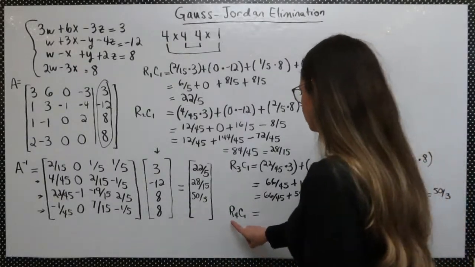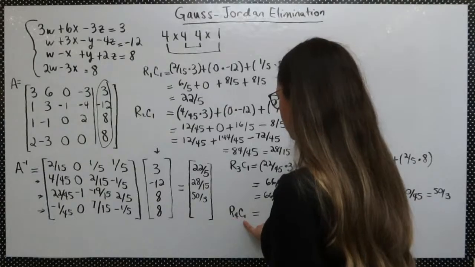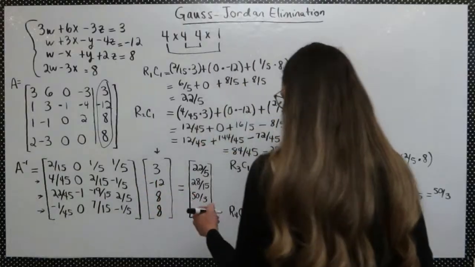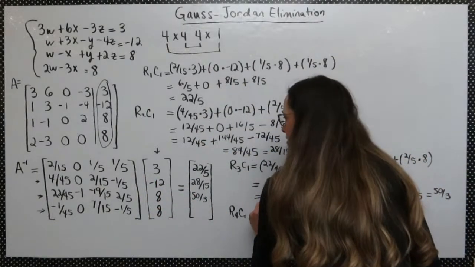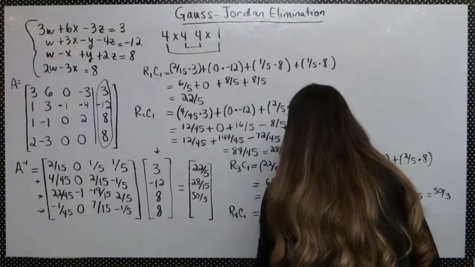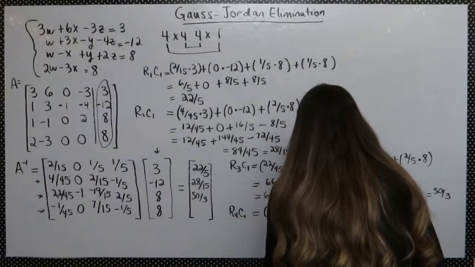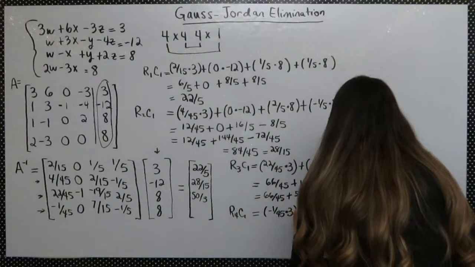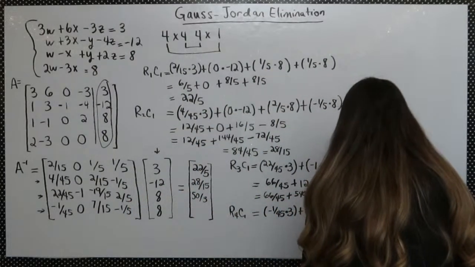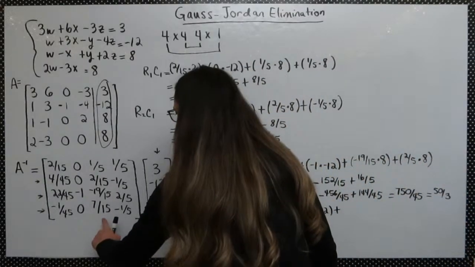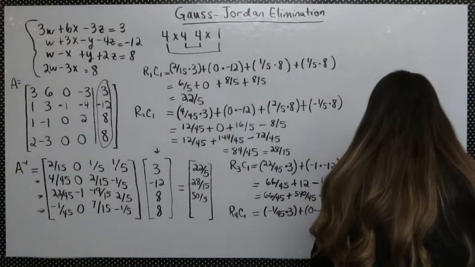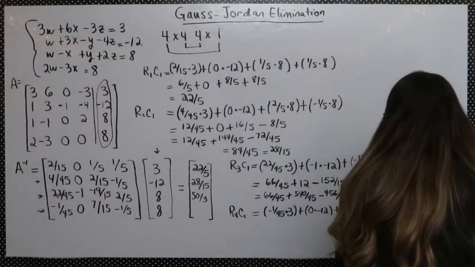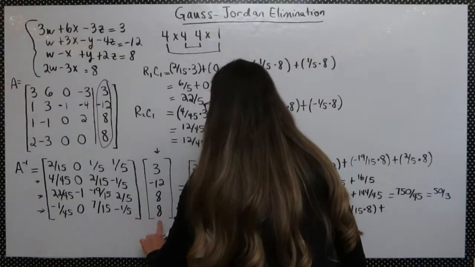All right. So our row 4, column 1. And so we're going to do negative 1 over 45 times 3, plus 0 times negative 12, plus 7 15ths times 8, plus negative 1/5 times 8.